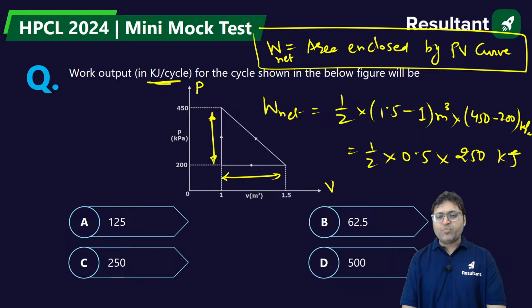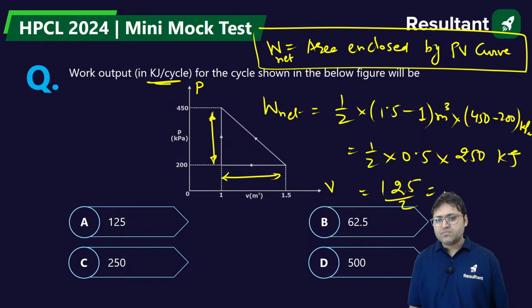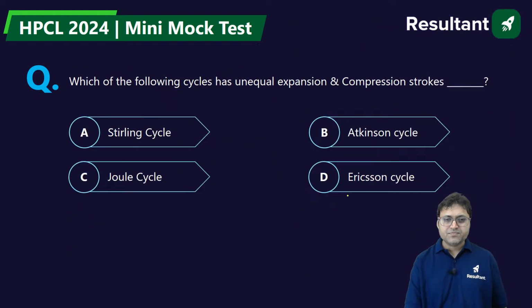Are you getting 62.5 or not? It will be 125, 125 by 2, 62.5 kilojoule. Yes, B is the answer. 62.5 will be the correct answer.